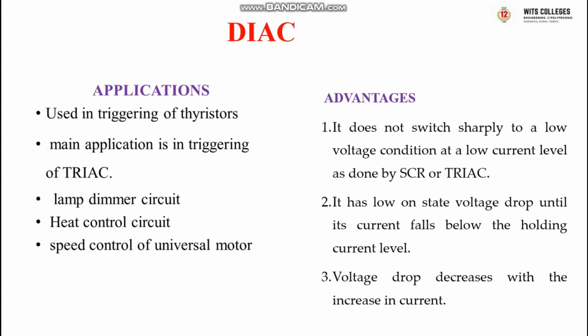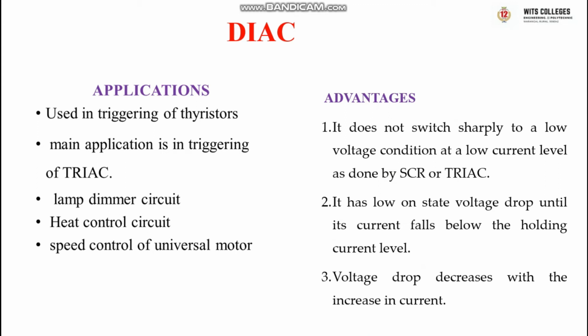If you observe the advantages, it does not switch sharply to a low voltage condition at a low current level as done by SCR or triac. Sharply, suddenly switching will not occur, because generally the breakover voltage of diac is about 30 to 50 volts and the voltage drop across the diac is around 3 to 5 volts.